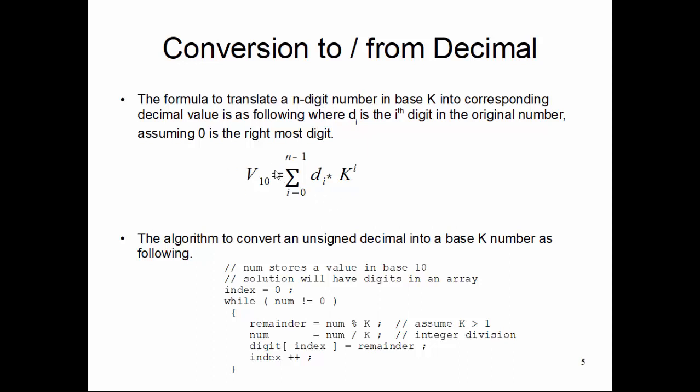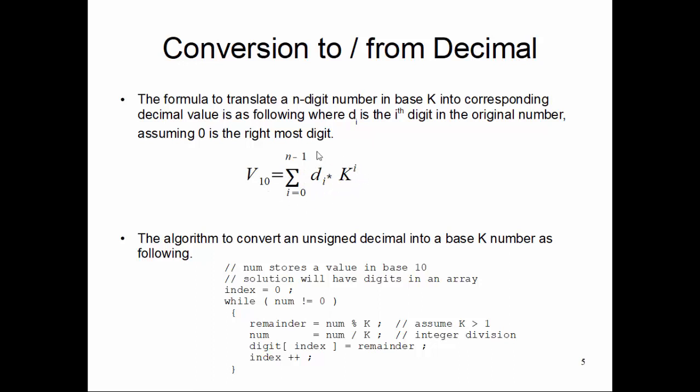our value is represented in the decimal number system, which is base 10. To do that, we need to go through all the symbols indexed from 0 to n minus 1, multiply each with the base value, let's say base 7 for example, or base 16 like hexadecimal, to the power i, and add up all of them.